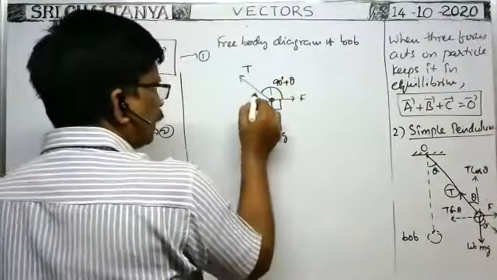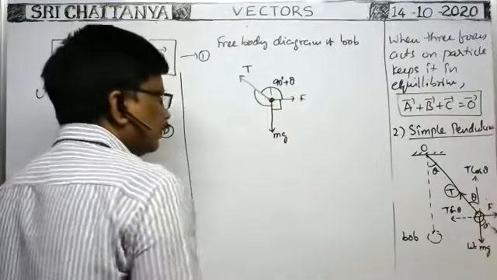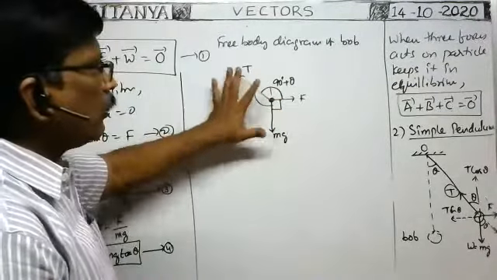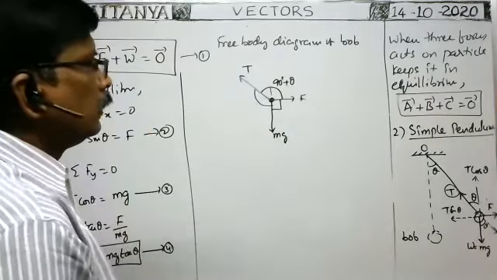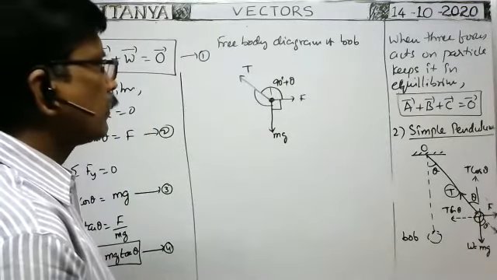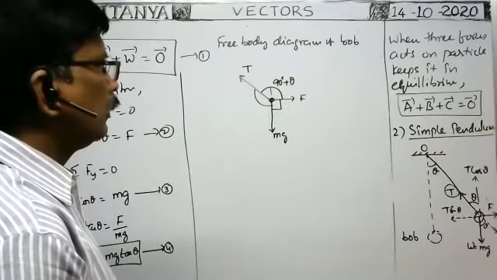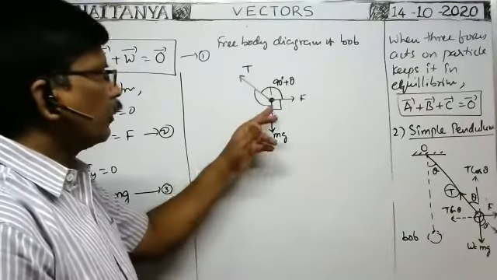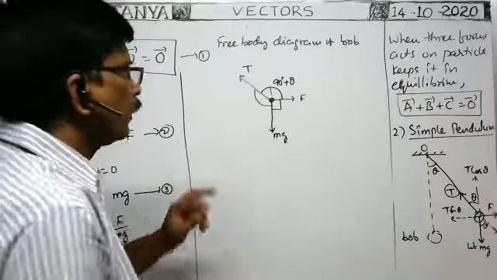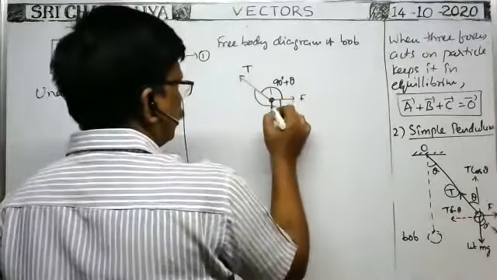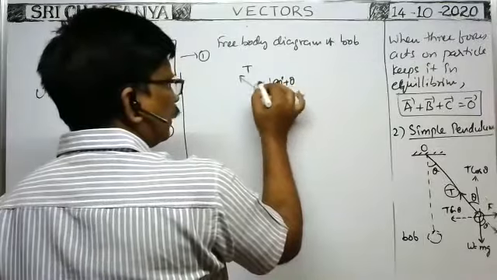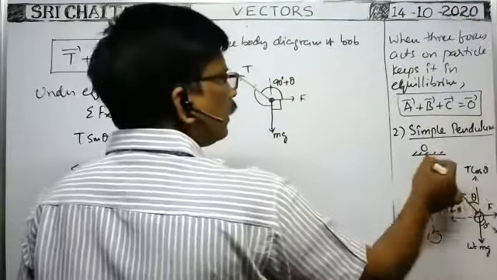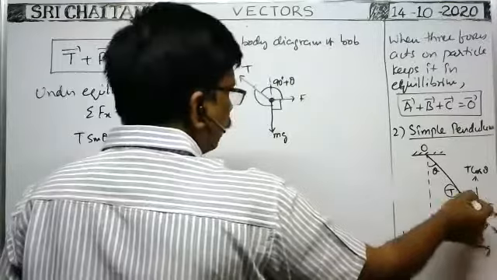What about this angle? If you know the angles among them, we can apply Lami's theorem. Tell me, what is the angle between these two? Here this is 180, this is theta, because it is vertical and it is string, the angle between them is theta.